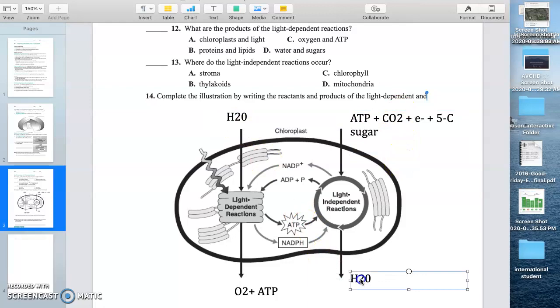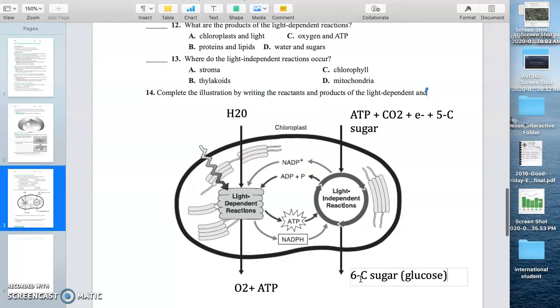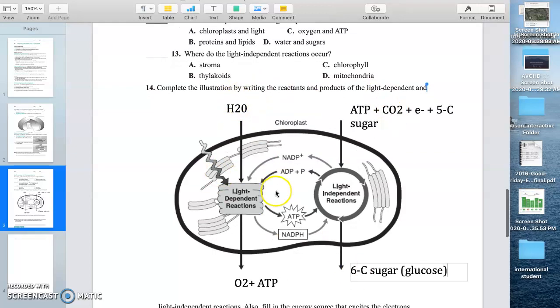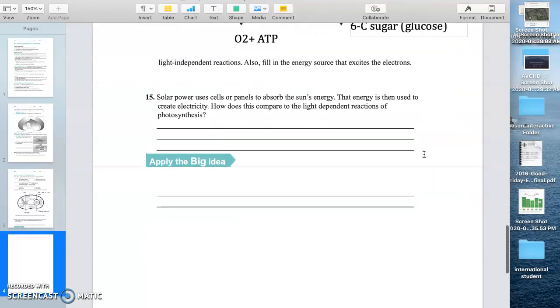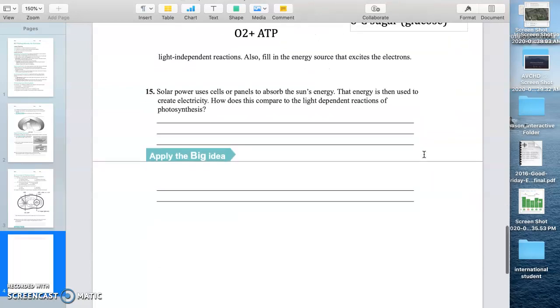We're going to make a 6 carbon sugar, glucose. And that's basically it. So let's look at our original formula. Carbon dioxide plus water gives us glucose and oxygen. And then we've got our ATP, we've got our 5 carbon sugar. And I think that is it.